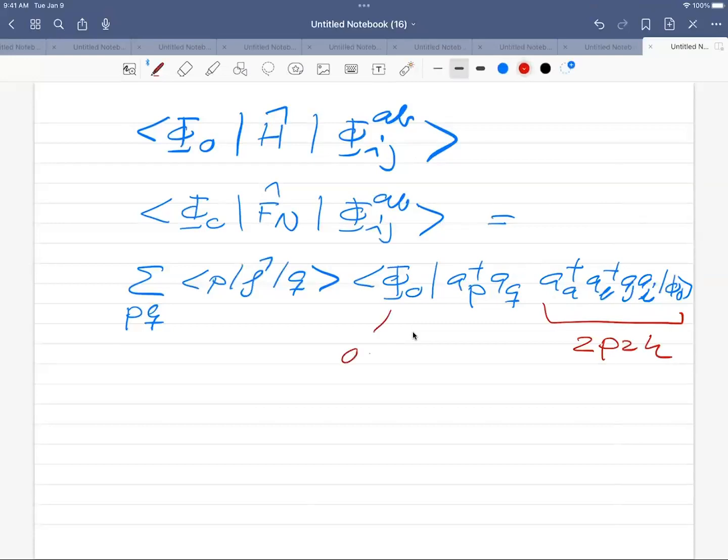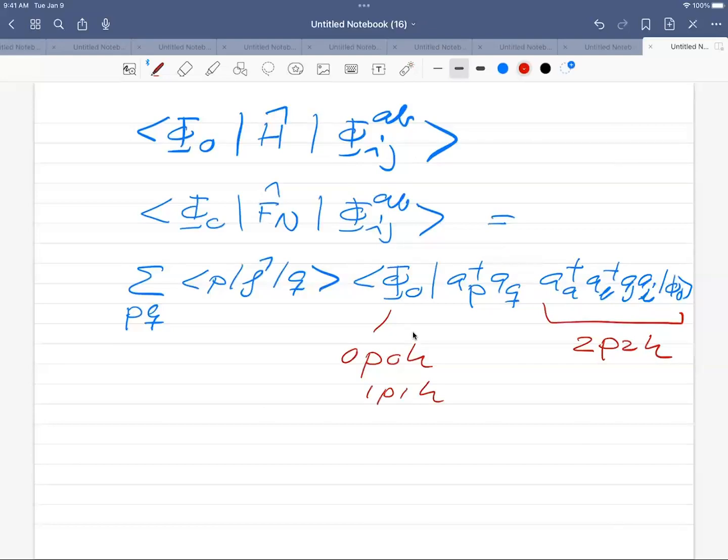Now, what you have here is an operator which can at most produce a one-particle one-hole excitation. So when this operator is acting here, you can get a one-particle one-hole excitation. And clearly that will not match a two-particle two-hole excitation if you have assumed that the states are orthogonal. So this is something which you can see immediately due to the type of excitations which are involved, that this has to be 0.